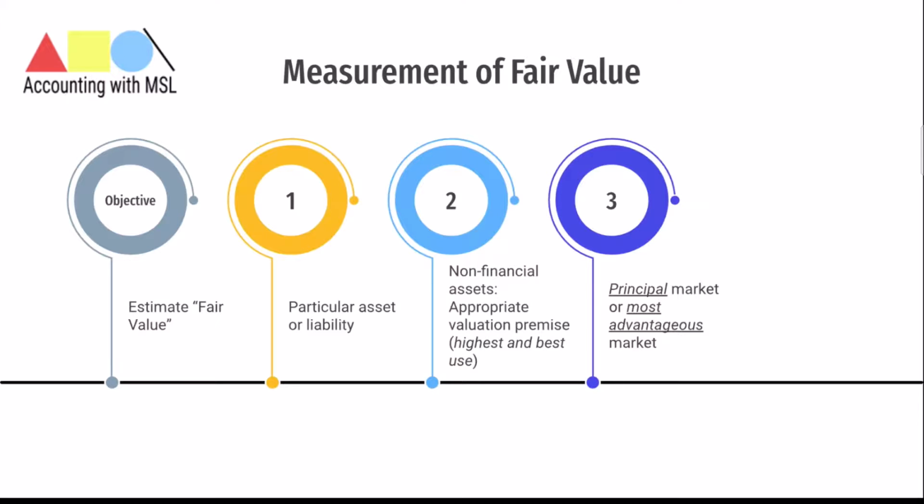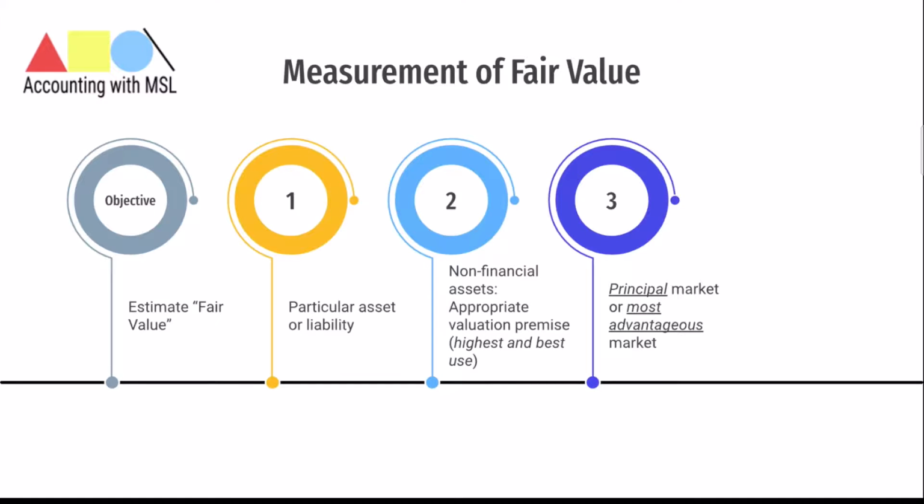So a quick difference between principal market and most advantageous market is that for the principal market, you are looking at the market in which the asset or liability is traded in the most, which has the highest trading frequency, highest trading volume. Most advantageous market is where can I get the best possible deal?